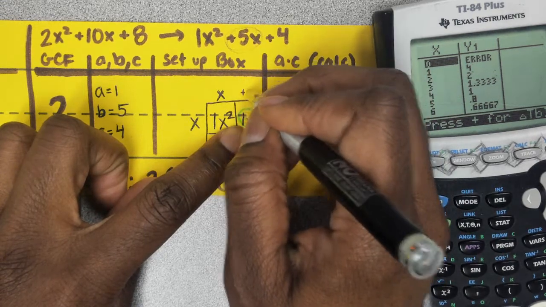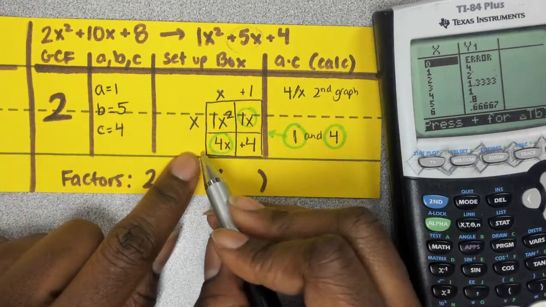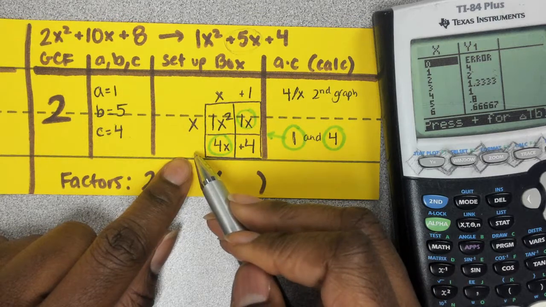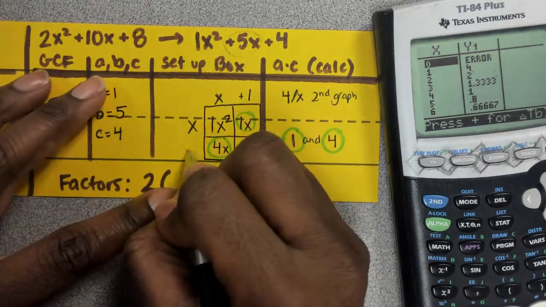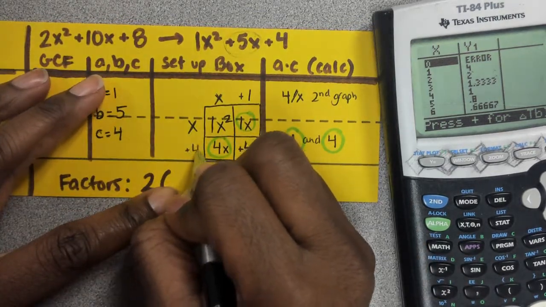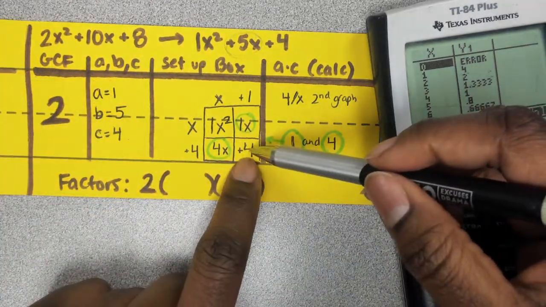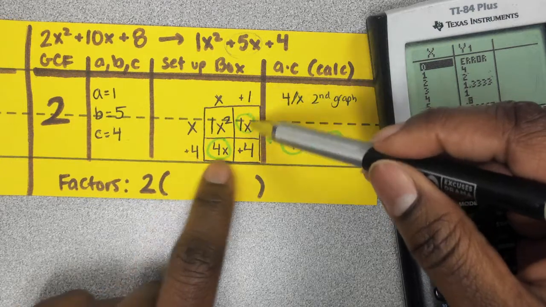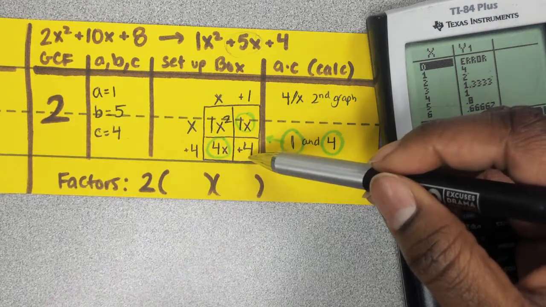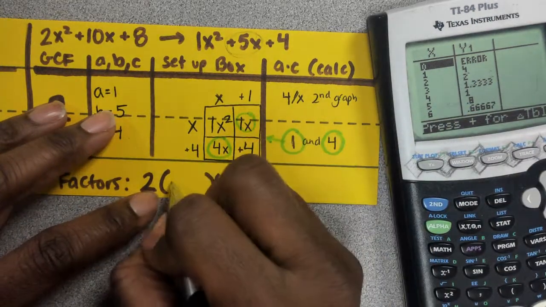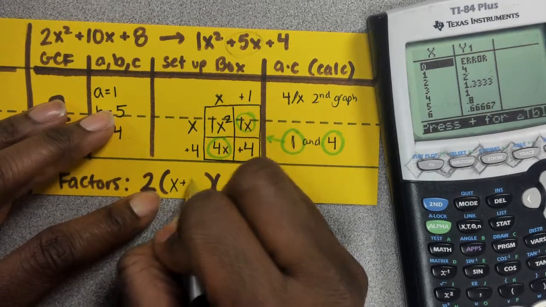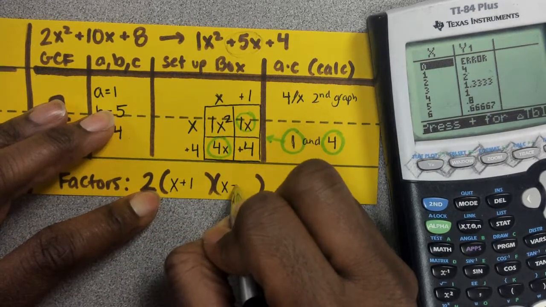A positive 1, very good. Then down here, x times what will give me a 4x? And that's a positive 4. Last thing, please check to make sure that this times this has to equal that one in that last box. So I have my two factors, x plus 1 and x plus 4.